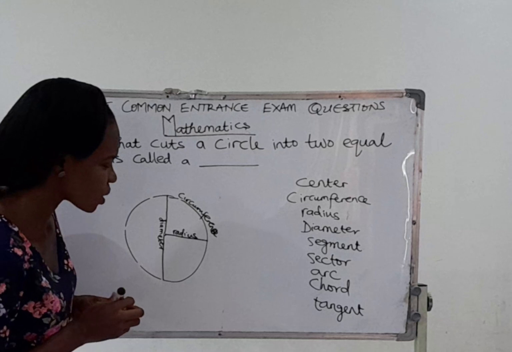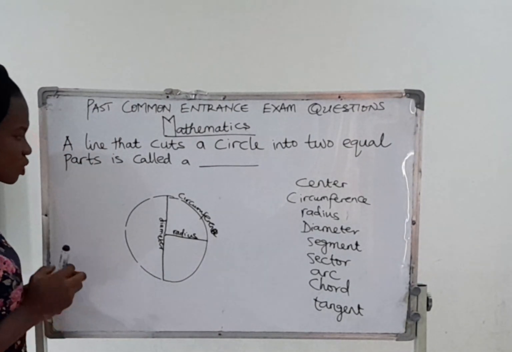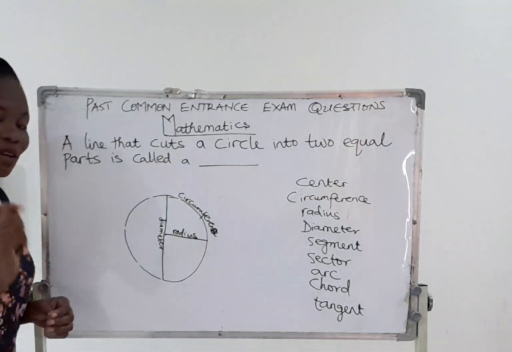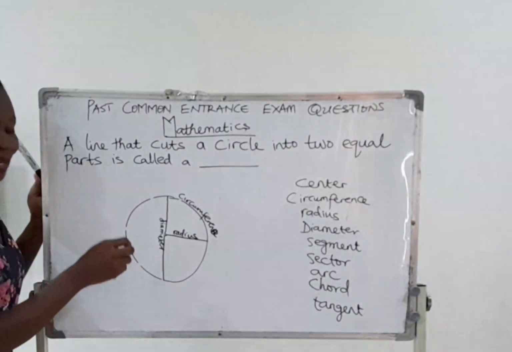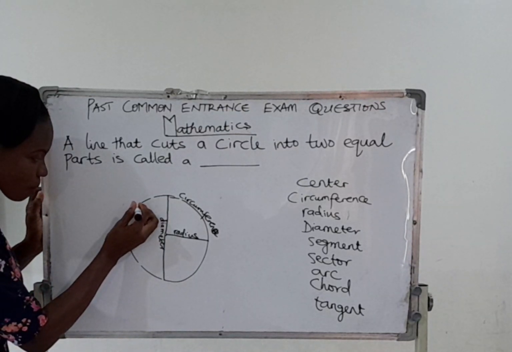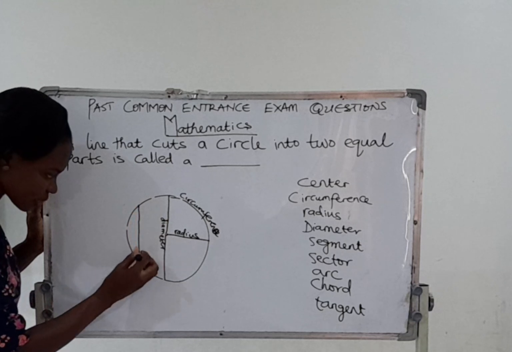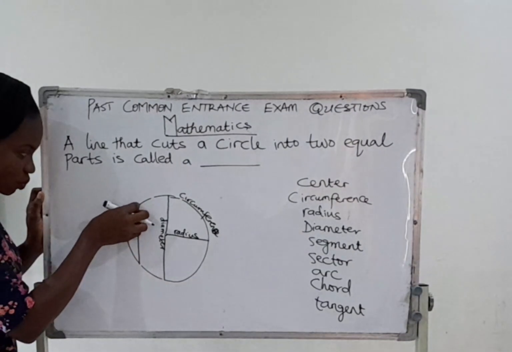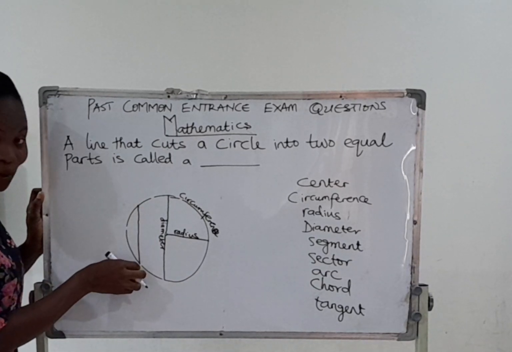We move to the next one, which is called the segment. If I have a line that touches from one point of the circumference to another point, a line like this, this line is called a chord.